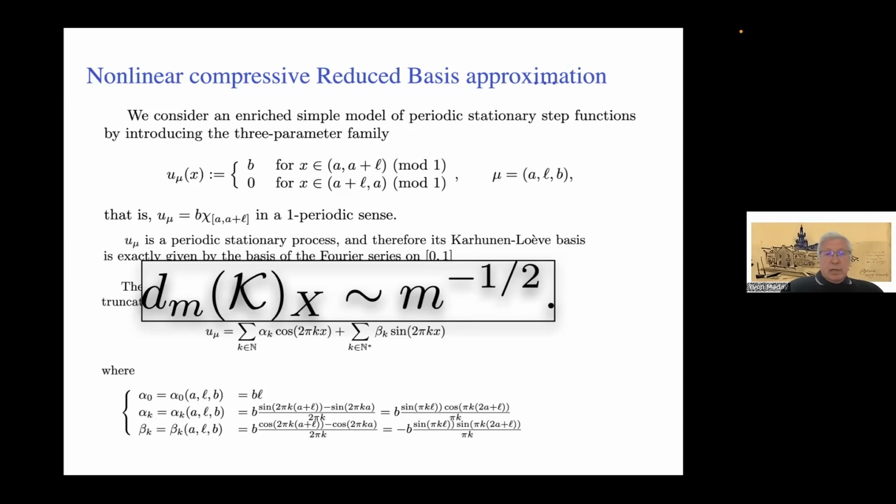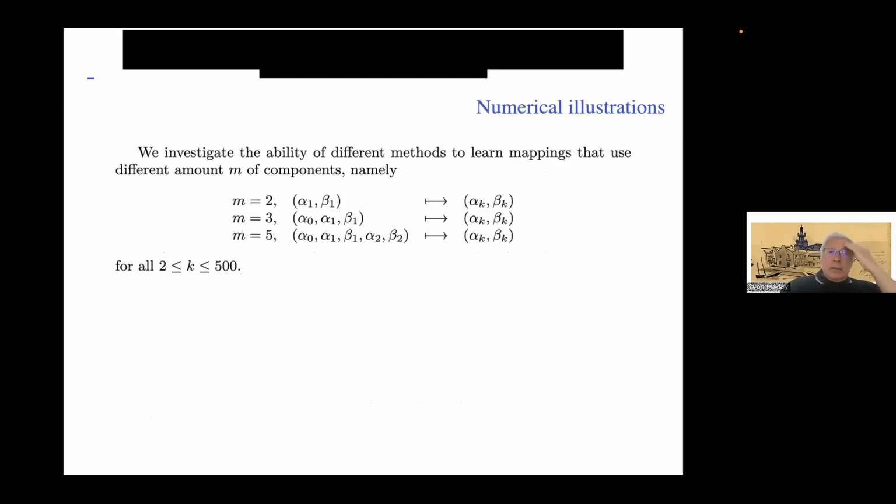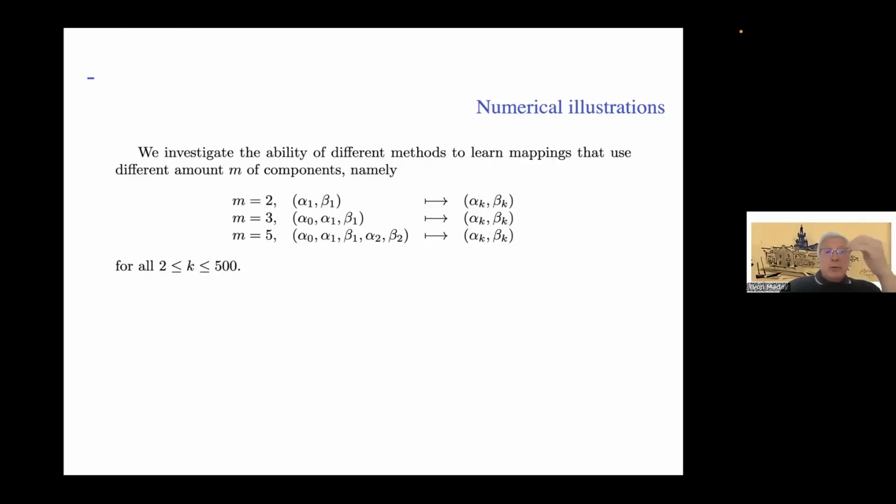So I can recover every coefficient, and due to this, I can try to learn the values of alpha k, beta k if I know alpha 0, alpha 1, beta 1.